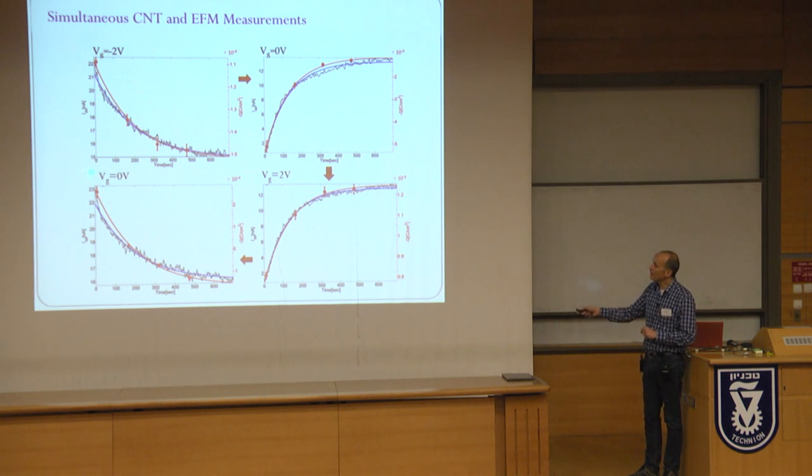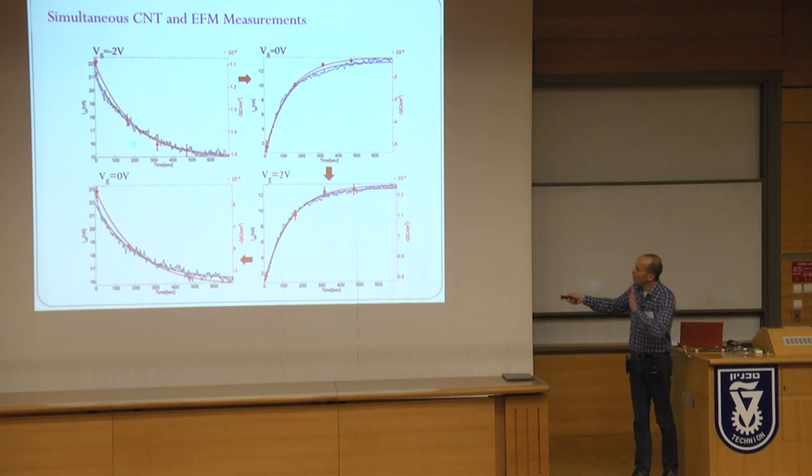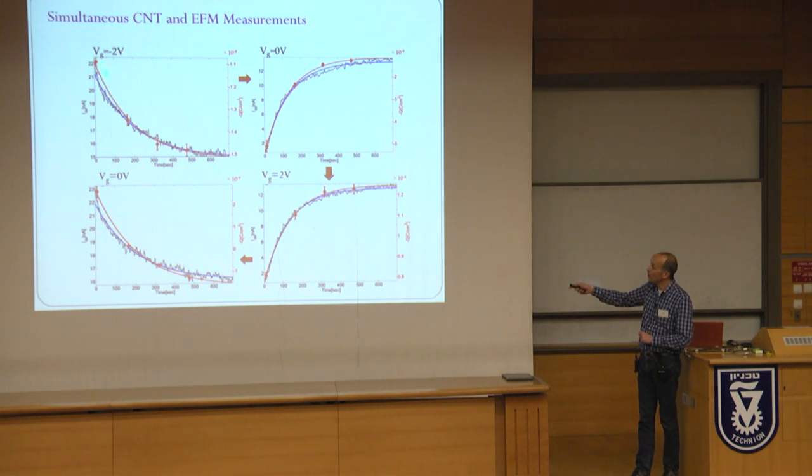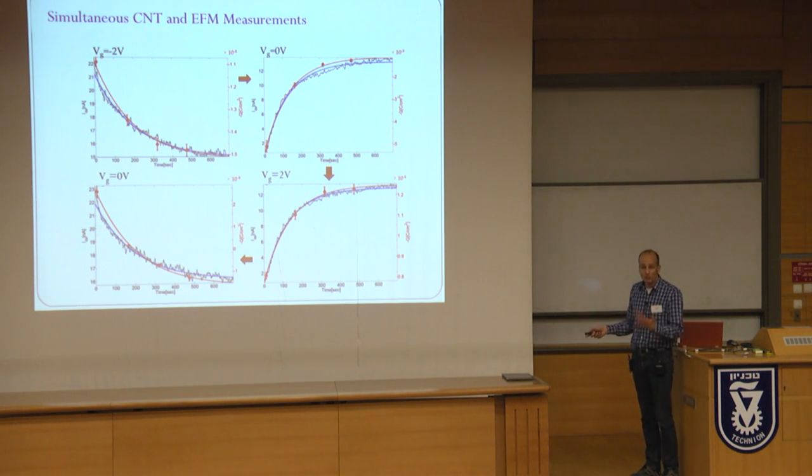This is the current as a function of time. This is the charge as a function of time. Sorry, I forgot what I said. The black, I meant, is the current data, and the blue is the exponential fit, and the red dots are the data of the charge, and the continuous line is the exponential fit.